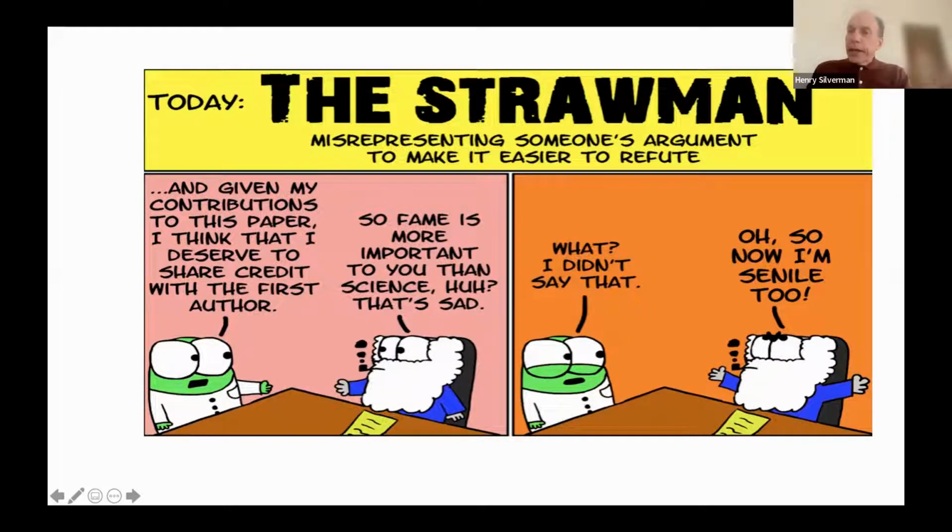The professor said that. And so the professor is misrepresenting the student's claim. The professor could not argue against the student because maybe the student did make strong contributions. So the professor is now making up another premise that's easily refutable. So fame is more important.